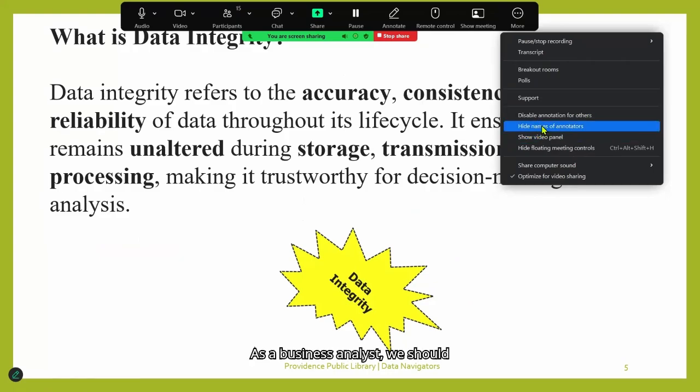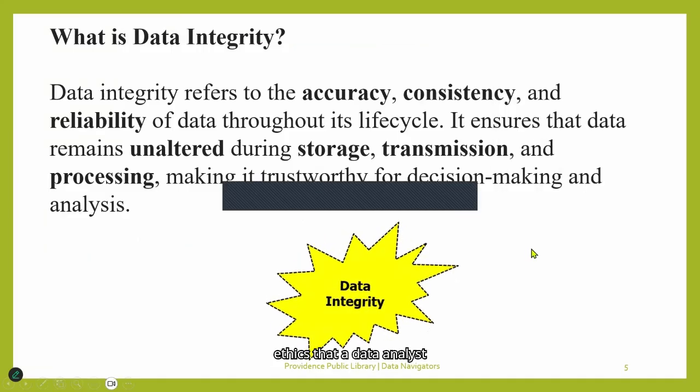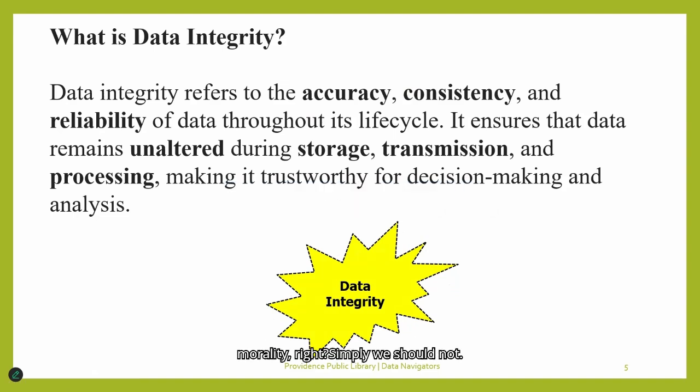As a business analyst, there are some ethics that a data analyst should follow. What is ethics? A morality, right? Simply, as we have the data, we should not go and alter the data and display some result, right? There are various ethics. We'll discuss that later. One of the ethics is maintaining the data integrity throughout the cycle.